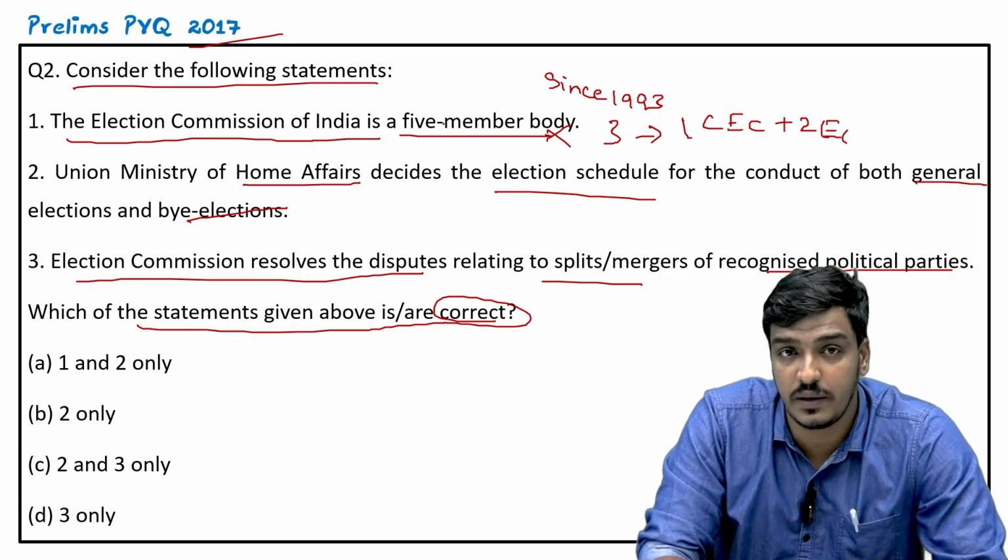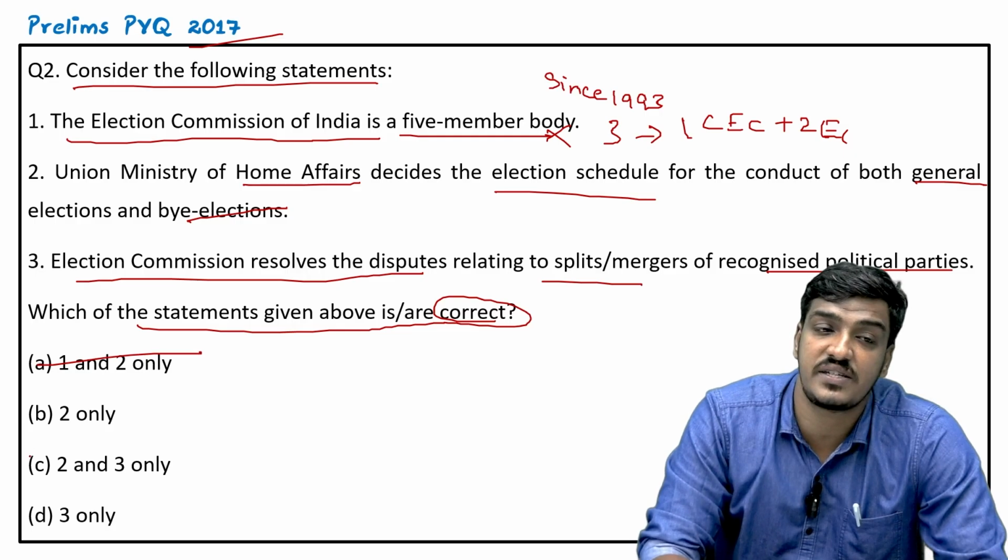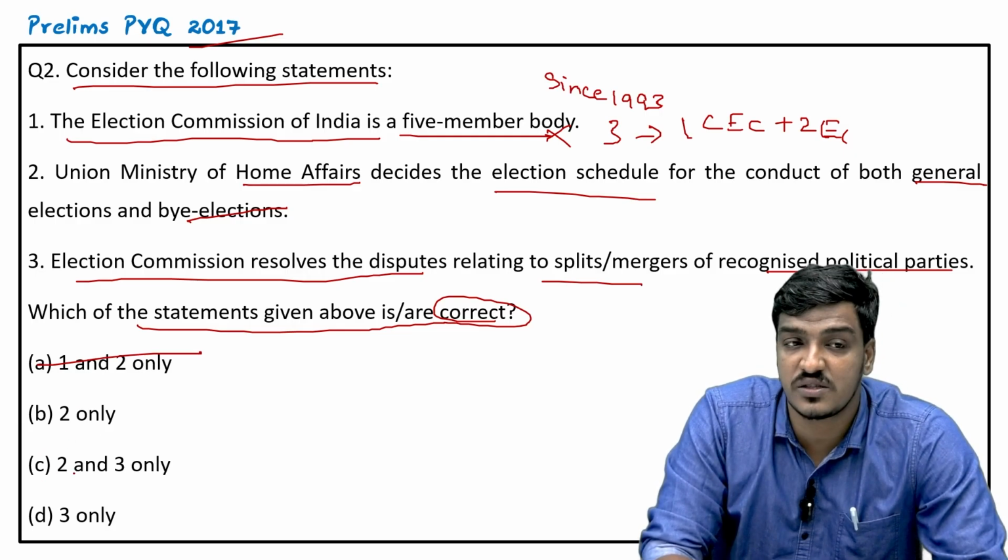So it is not a 5-member body. So the first statement is incorrect. By eliminating the first statement, we can narrow down the options to 3.